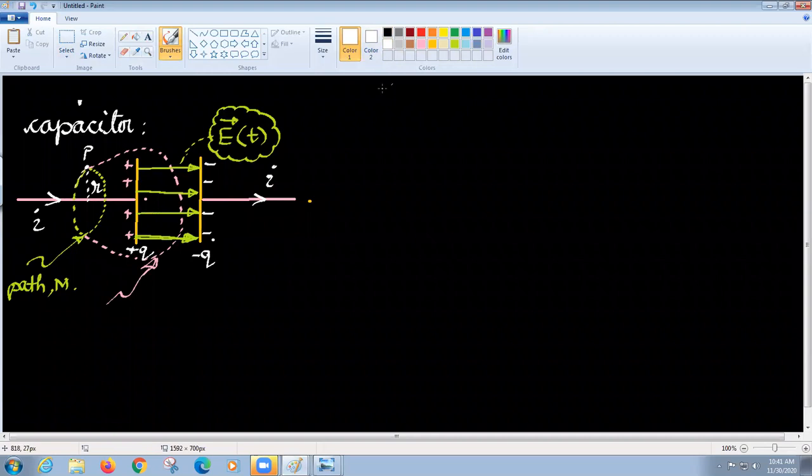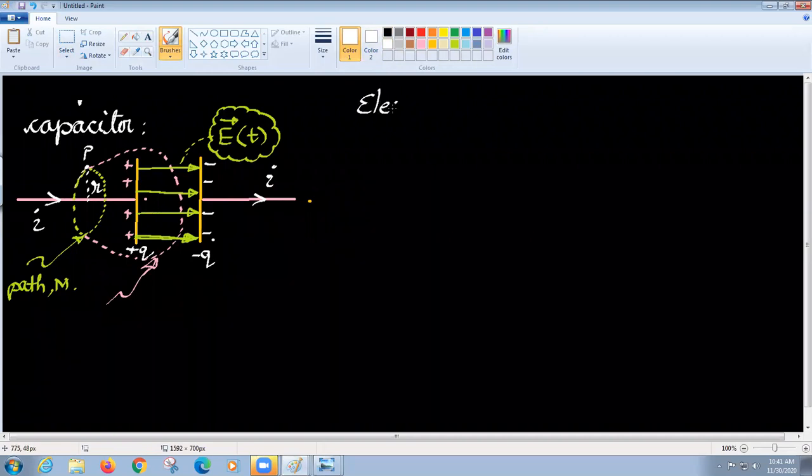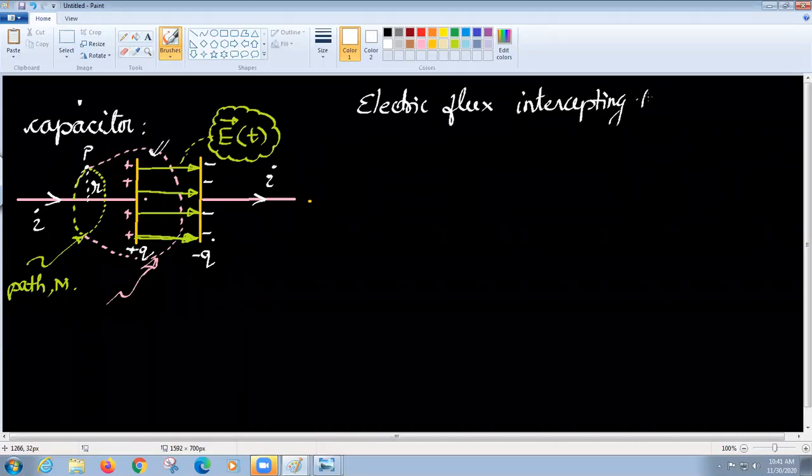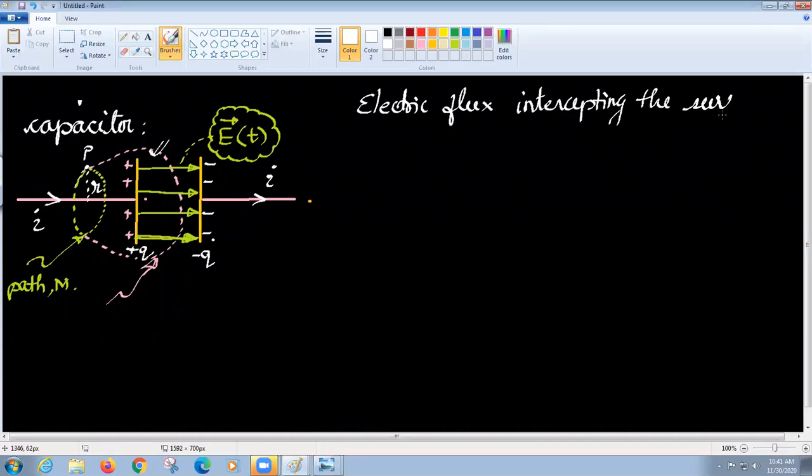Now what I can say, electric flux. Because of the electric field, you have electric flux passing through this surface, okay? Electric flux intercepting the surface, yes.